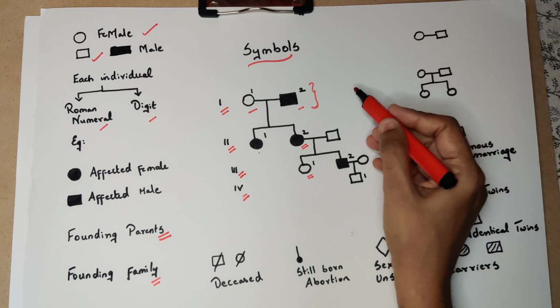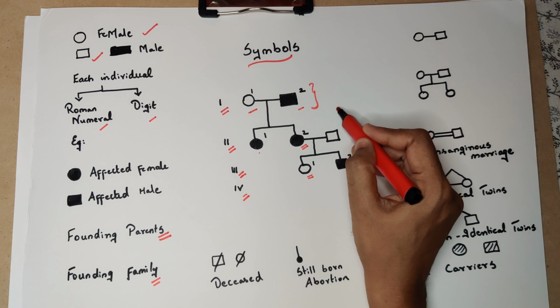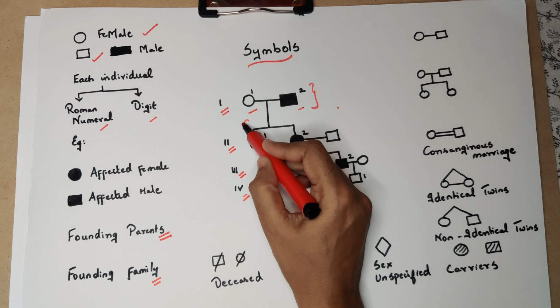In a family you should have a father, a mother, and then you should also add this particular generation number 2, where you have the firstborn, a female, and the secondborn, also a female. Together, if we take these 2 together, we call them the founding family. The rest will be the family tree.